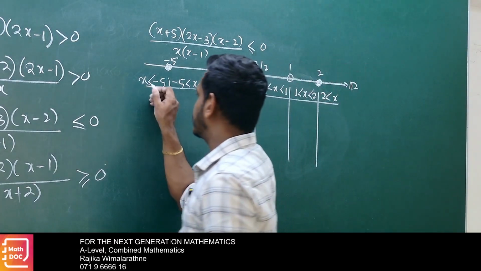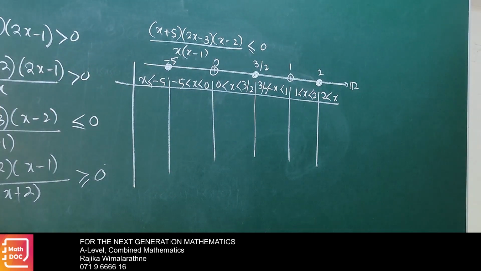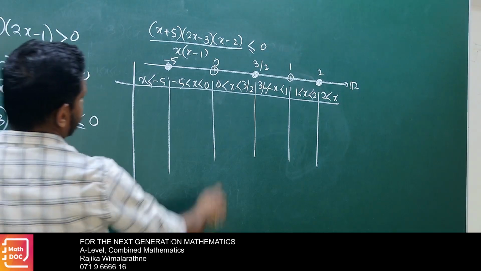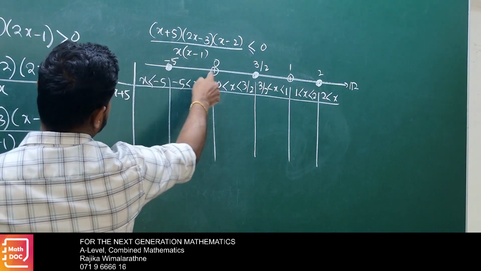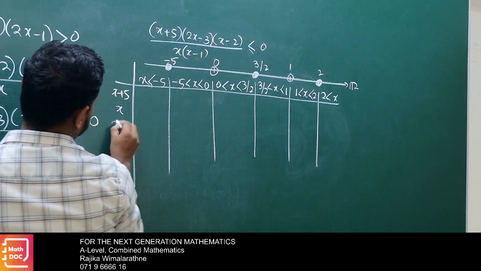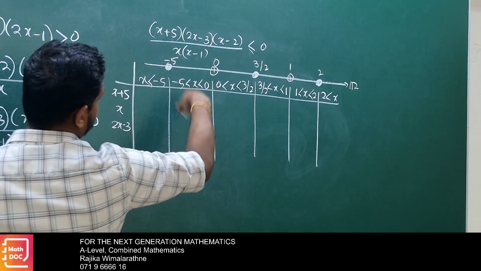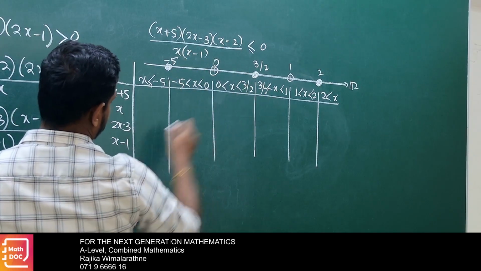Okay. Then check signs. Now you start with minus 5, that is x plus 5. No? Then 0 means x. Then 3 over 2 means 2x minus 3. Then 1 means x minus 1. Then 2 means x minus 2.